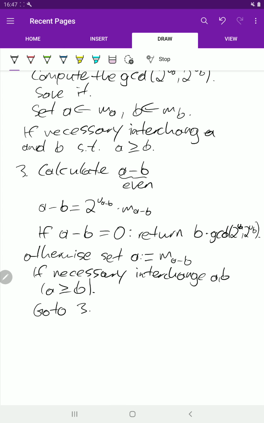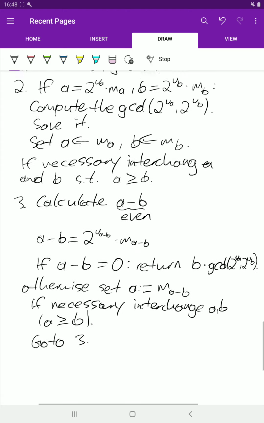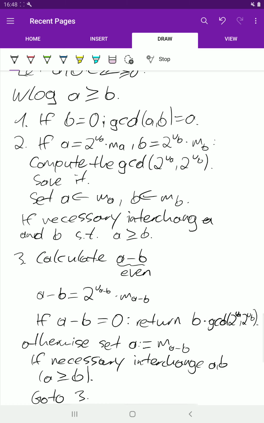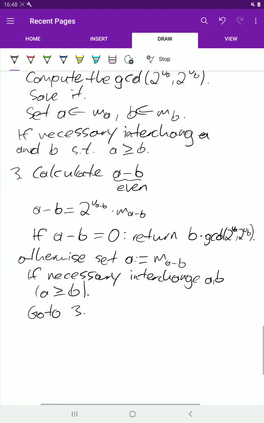So let's see at first why this calculates the greatest common divisor. For the case b equal to 0, it's clear.